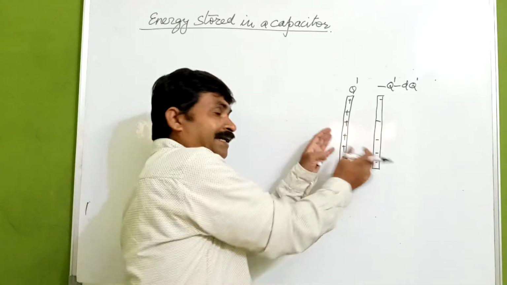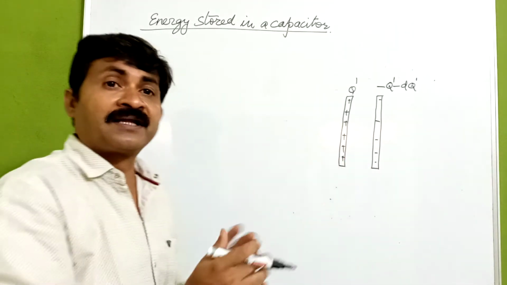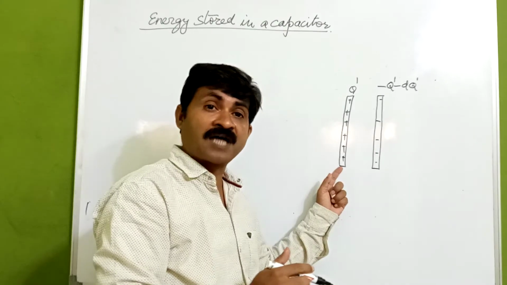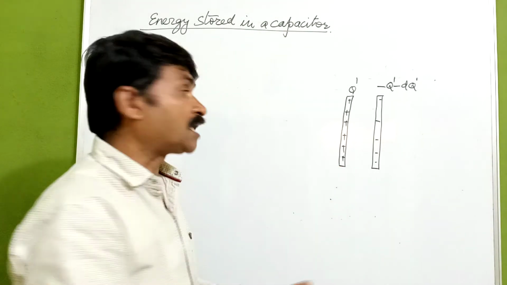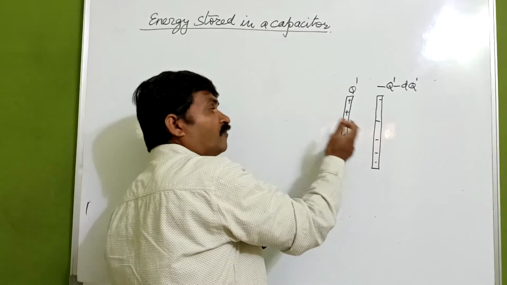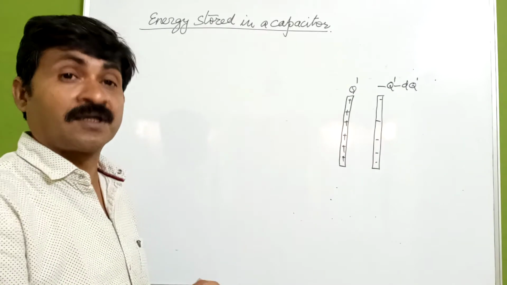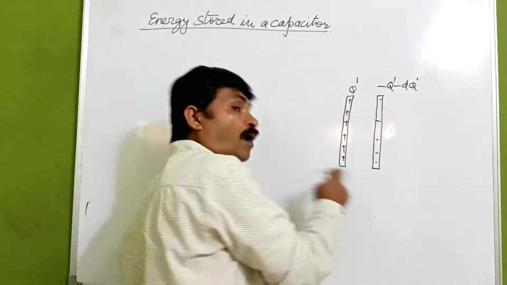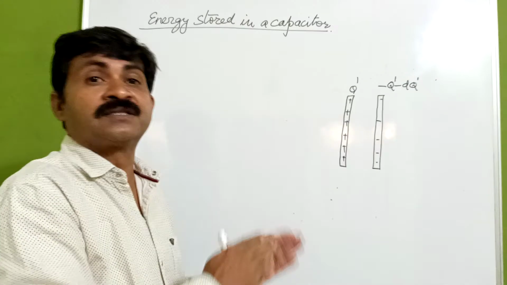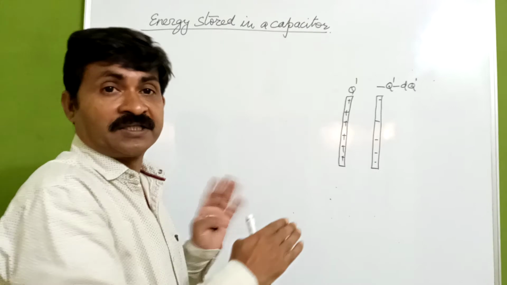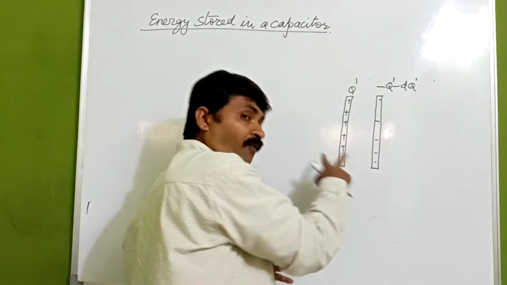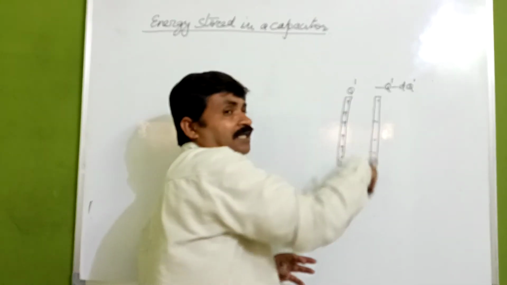We are connecting it with a battery. The battery is transferring the charge, and charge is being transferred from one plate to another plate. When it is transferred from one plate to another plate, there will be some work done, and that work done will be in the form of electrostatic potential energy. Basically, we have potential energy over here.